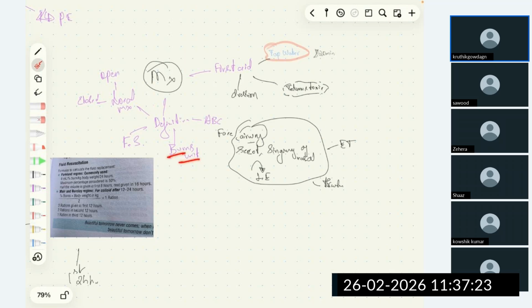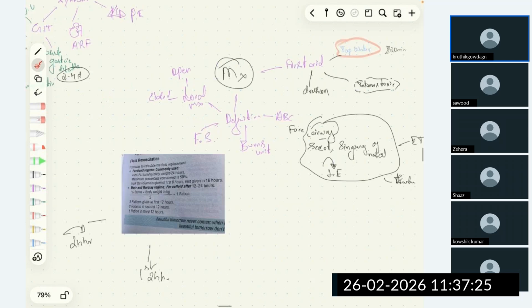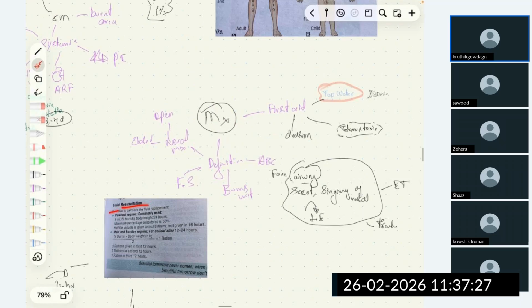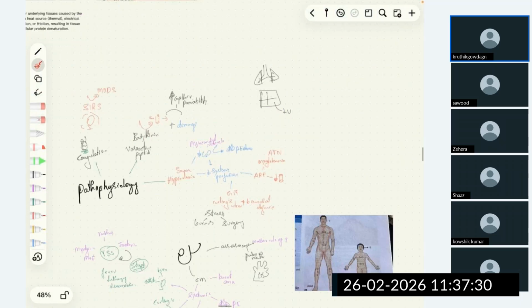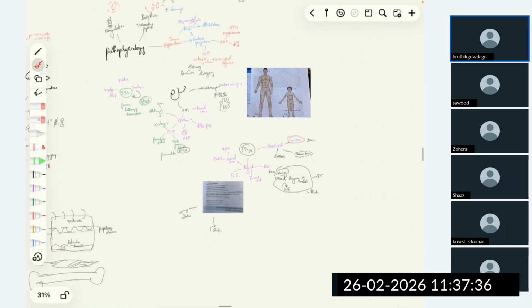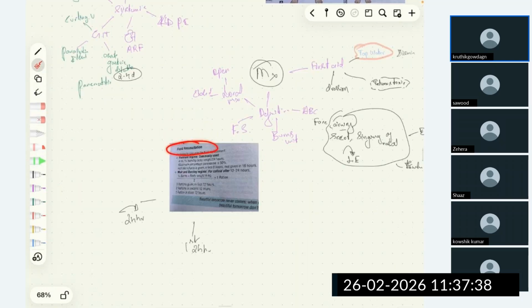And then we have the most important one, that is fluid resuscitation. In pathophysiology, I mentioned severe hypovolemia leads to so many complications. Fluid management is very, very important in case of burns. So how to manage?